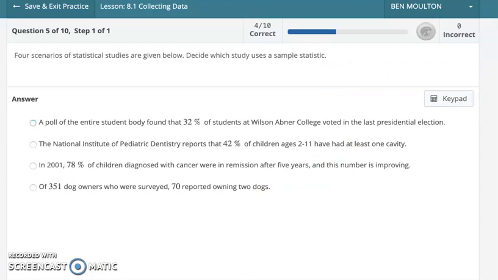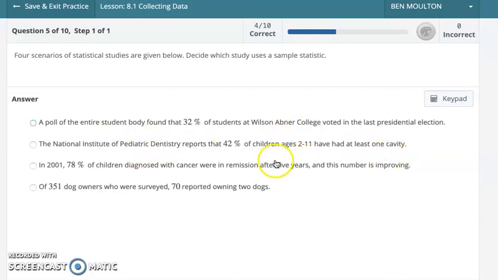Hopefully this one's going to be pretty straightforward as well. We want to figure out which of these is a sample statistic. So this first one, a poll of the entire student body found that 32% of the students at this college voted in the last presidential election. They don't tell us exactly what that sample is, so I think that's a population parameter. This next one, the Institute of Pediatric Dentistry reports that 42% of these students have at least one cavity.